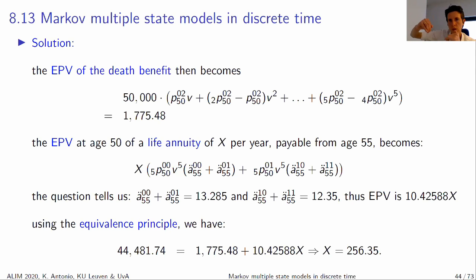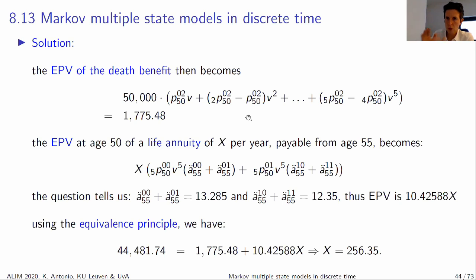So if death occurs in the first year, you will pay the death benefit at time 1. So you need to discount it from time 1 to time 0 with this factor v. And the probability that that's going to happen, death in the first year, that would be P5002.